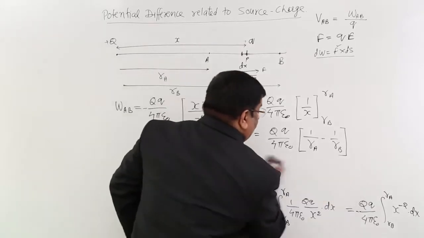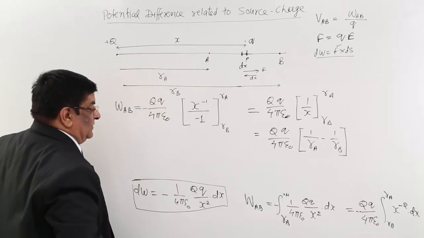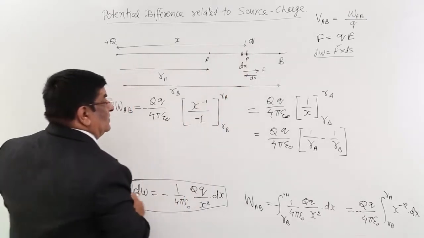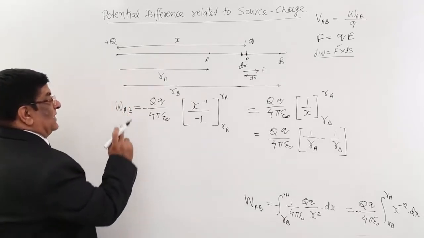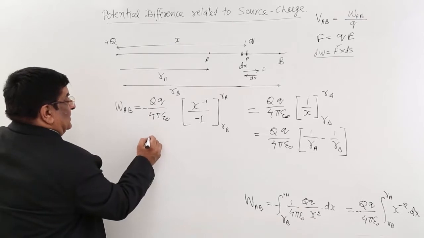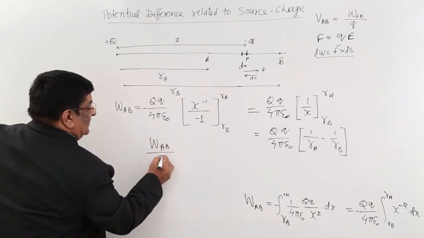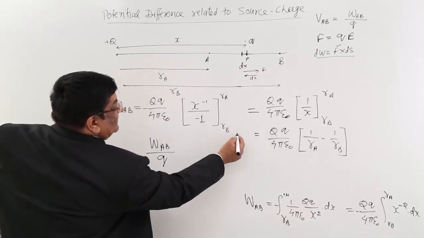If this is the work done from B to A, on how much charge? The answer, this is the work done on a small test charge Q. Then how much is the work done per unit charge? The answer is work done AB per unit charge Q. This Q I transfer on this side.